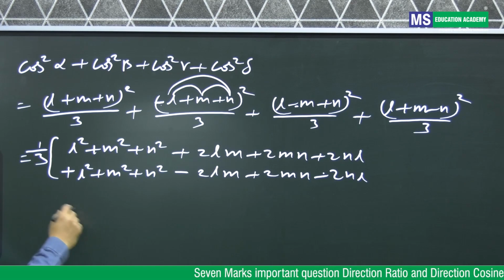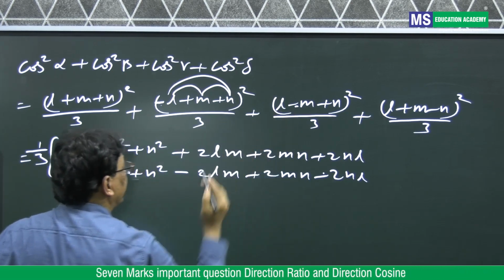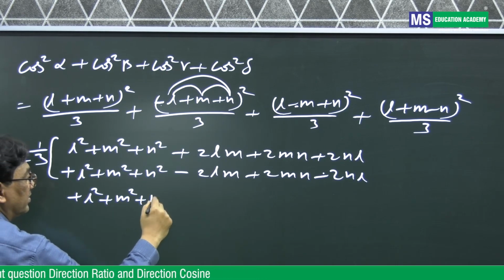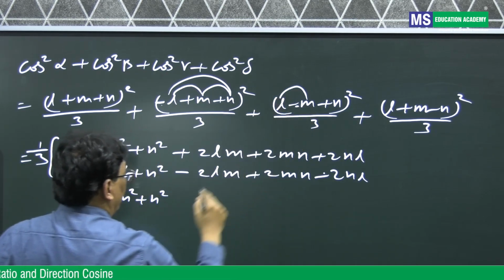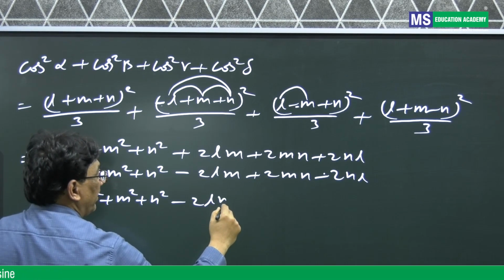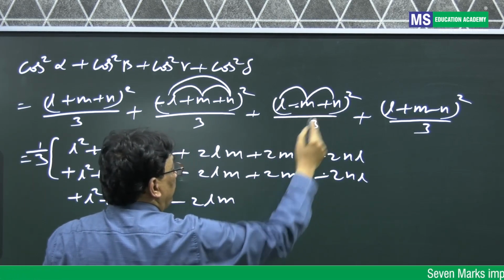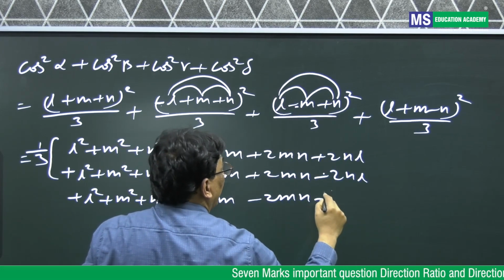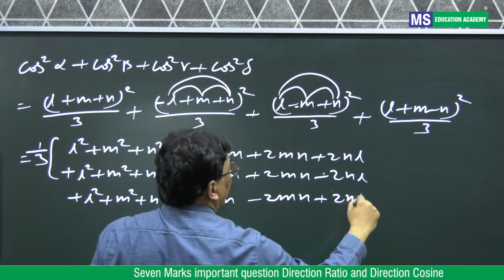Okay. Next, the third one, minus M is there here. First one, L square plus M square plus N square as it is. Minus 2LM here. Now these two, minus into plus, minus 2MN. Minus into minus is plus 2NL.